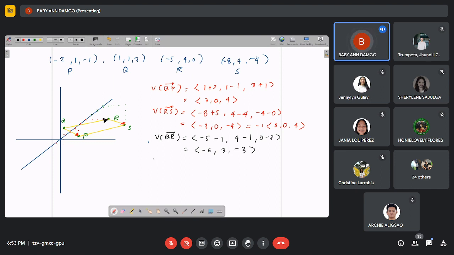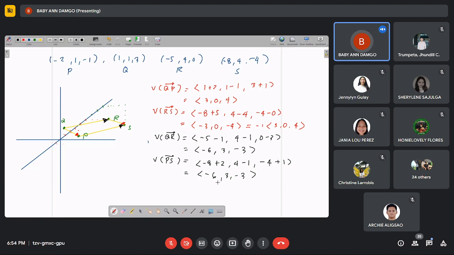Okay? So for the vector PS, this is S minus P. So we have negative 8 plus 2, and then 4 minus 1, and then negative 4 plus 1. So this is negative 6, 3, negative 3.